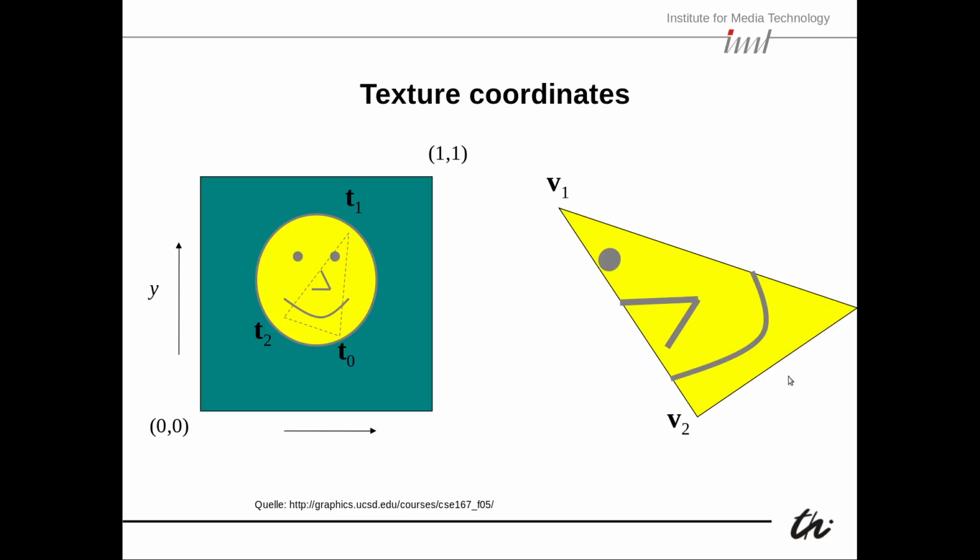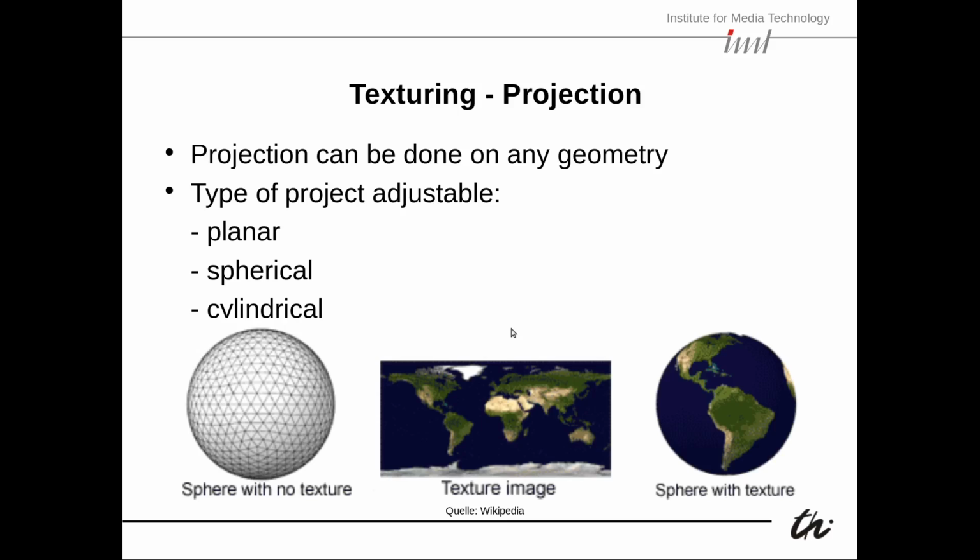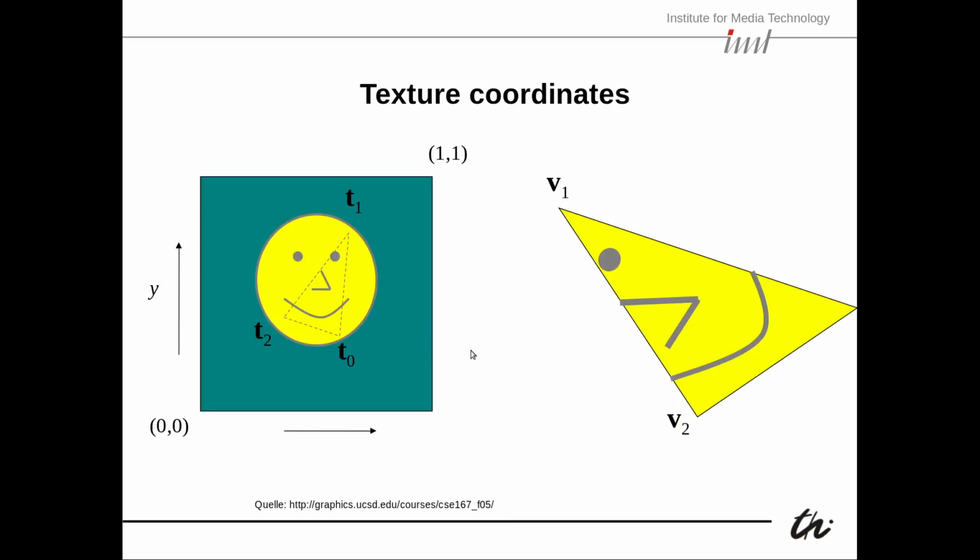So on the right hand side you see this triangle, this polygon with 3 vertices here, V1, V2, and then there's another one here. And we simply connect these points in our texture to the vertices here. So this is basically how you can then map it. So you can see here, this triangle here is then projected on our polygon, our triangle here on the right hand side.